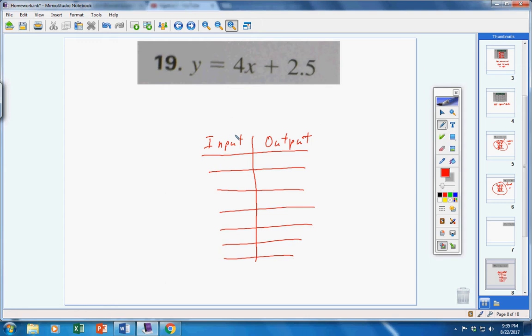Let's see. The directions say 1, 1.5, 3, 4.5, and 6. Alright, so there we go.